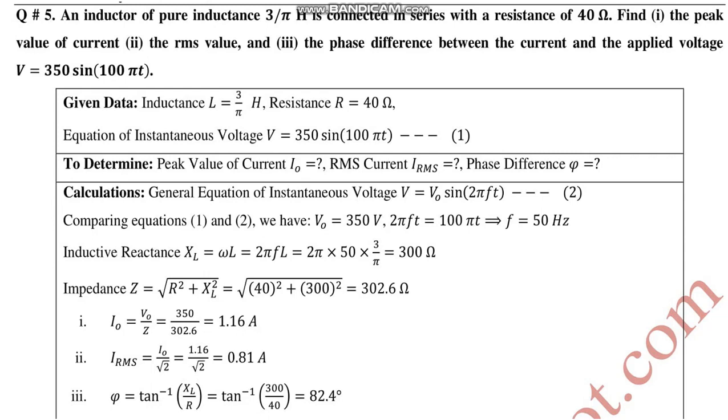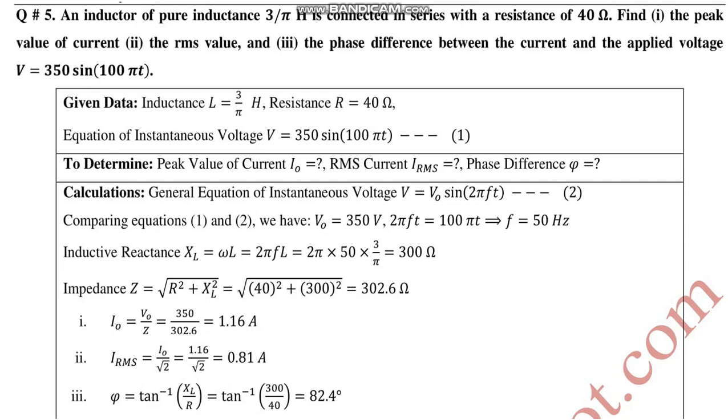Given data, inductance L is equal to 3 by pi H, resistance R is equal to 40 ohm, and equation of instantaneous voltage V is equal to 350 sine 100 pi t. This is equation number 1.